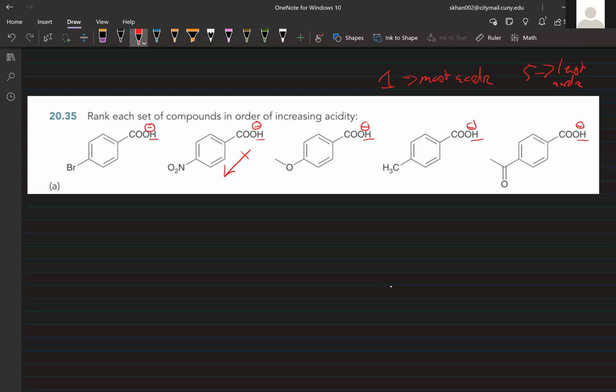We're talking about stability of bases, so it doesn't matter. For this ranking, we'll just use this number system. So we'll put this as 1, the most acidic. What's the next most powerful EWG here?